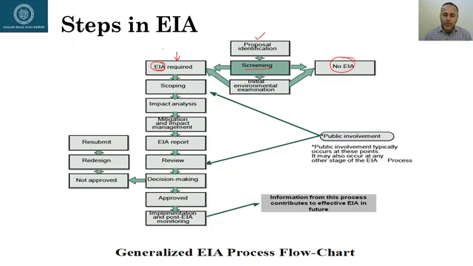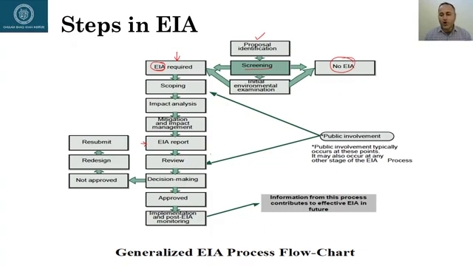Whenever we establish that the environmental impact assessment is required, the next stage is scoping, and I'll talk about what scoping entails. Then in the next step, we do impact analysis, and in the impact analysis we also include mitigation and impact management. All these components form the EIA report. The next stage is review.